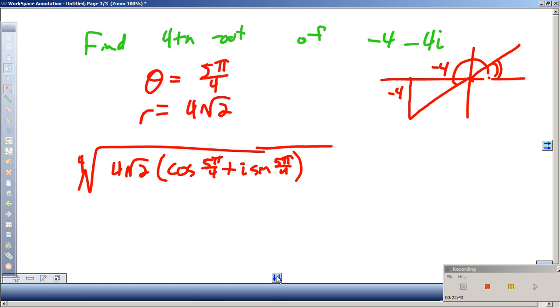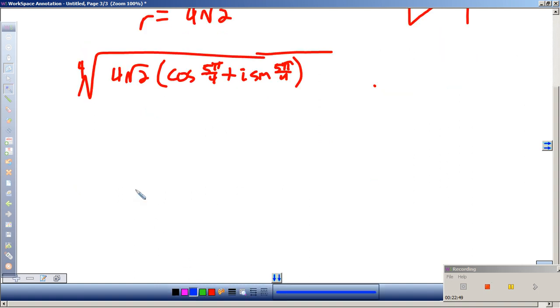So now our formula. So it says we do our answers. R raised to the, so we got 4 square root 2 raised to the 1/4 times the cosine of 5 pi over 4. So what does n start at? 0.